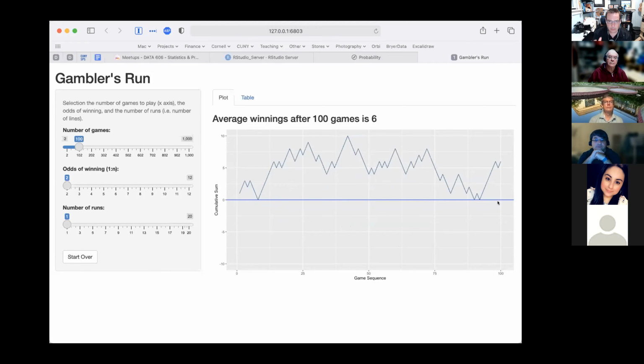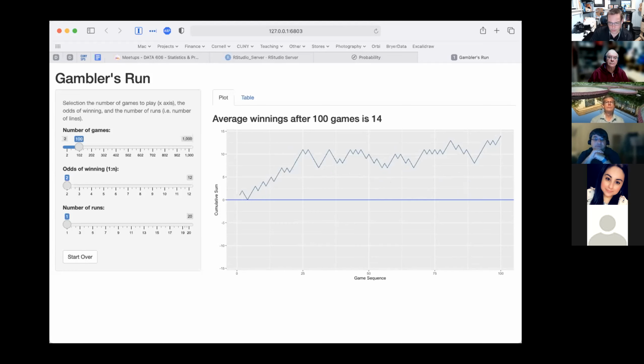So if we look at this plot, the actual range on the y-axis could be -100 to 100. But of course, ggplot is just going to go far enough to do it. And if I do, okay, so, well, we went a little bit above 10 on this one. Here, okay, here we go. We ended up at 15, right? So some of the questions we want to ask is, does getting 14 maybe give us evidence that the coin is not fair, right? So we can do this over and over.